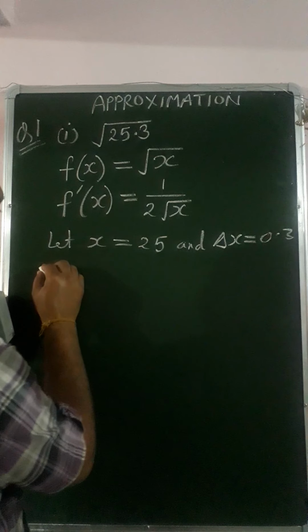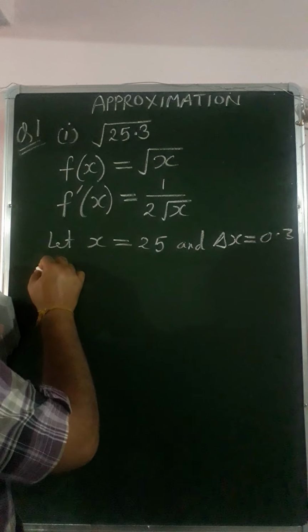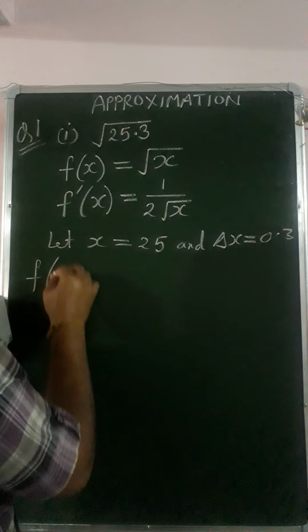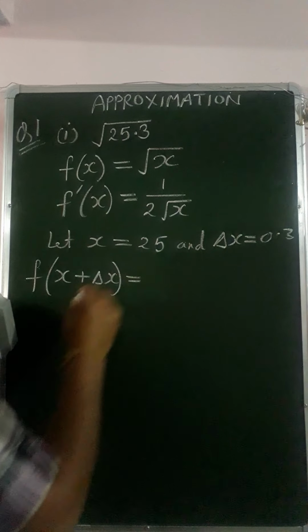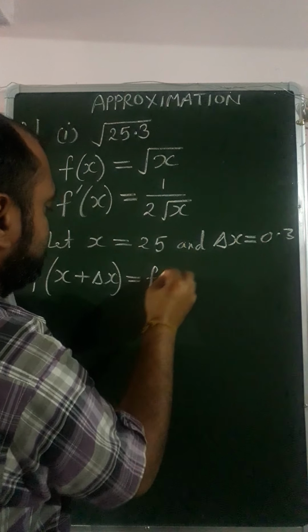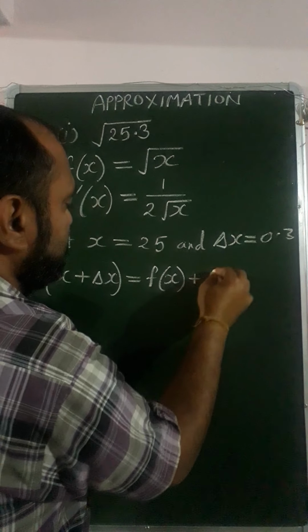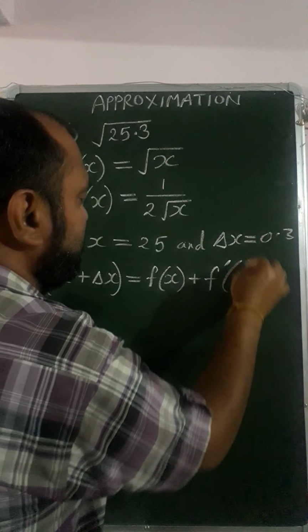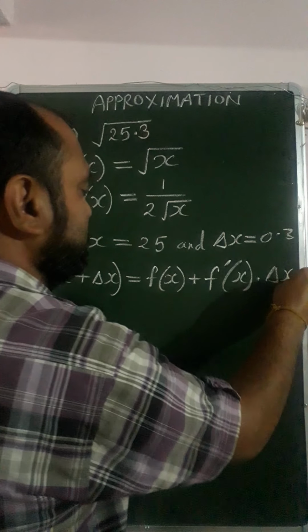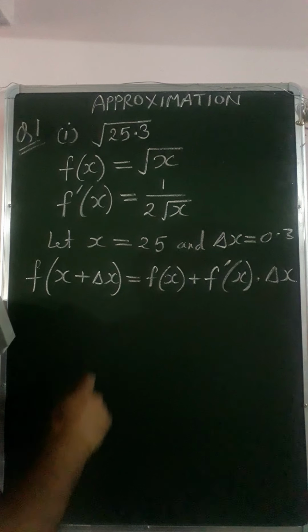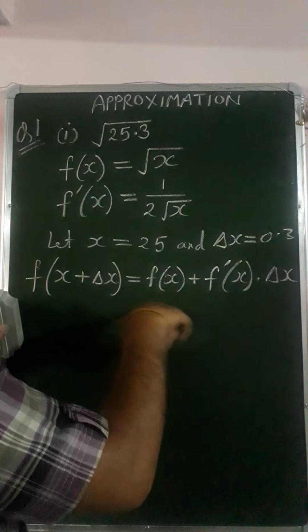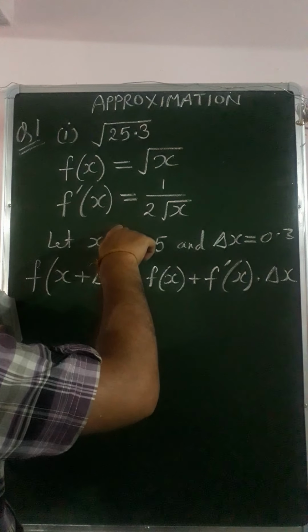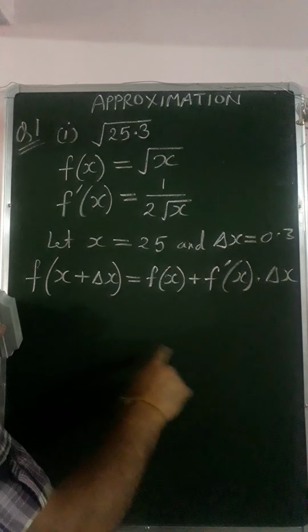Now you know the formula of approximation, that is f of x plus delta x is equal to f(x) plus f dash x into delta x. So now we are putting all the values of f(x), f dash x, x and delta x here.